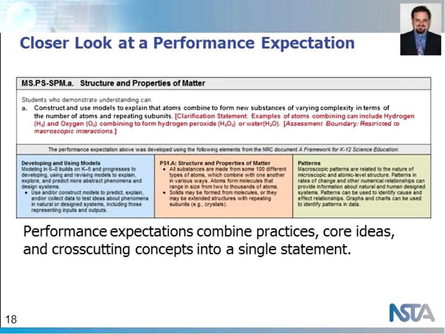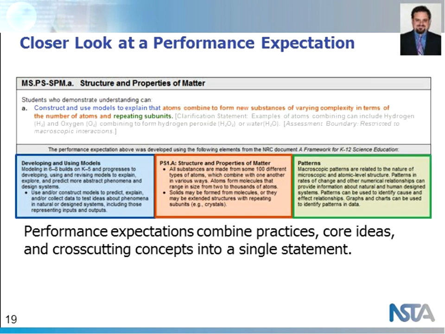Here is an example of the standards from the May draft, and I highlighted different elements here of how the practices, the cross-cutting concepts, and the disciplinary core ideas have all been combined together.